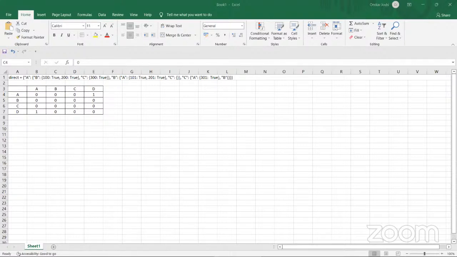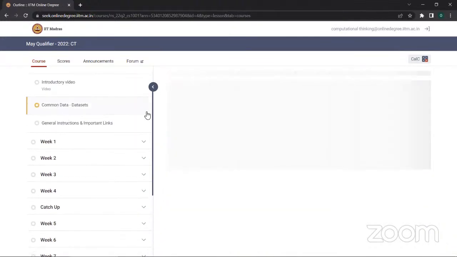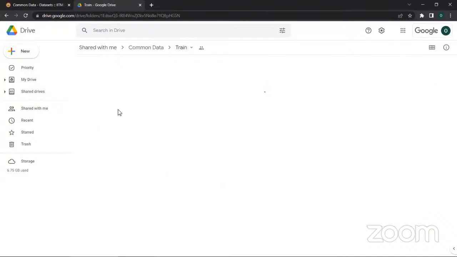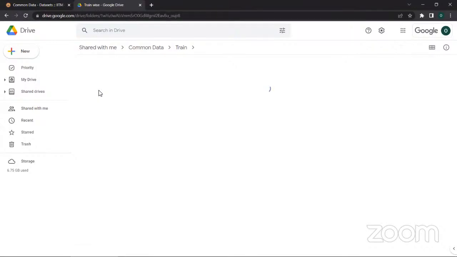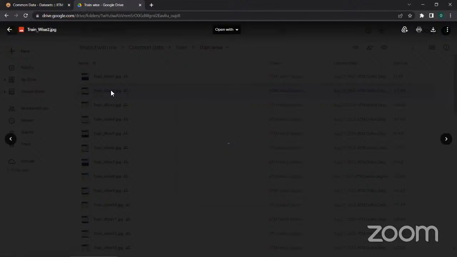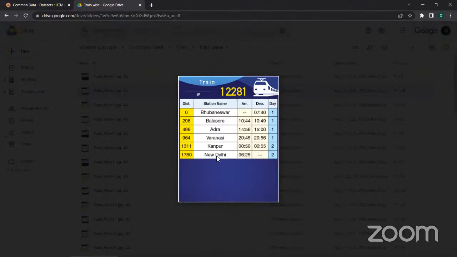I have to go back. Let me just show you what I'm talking about. For example, if we take this example of train number 12281, we are considering only Bhubaneswar and New Delhi.